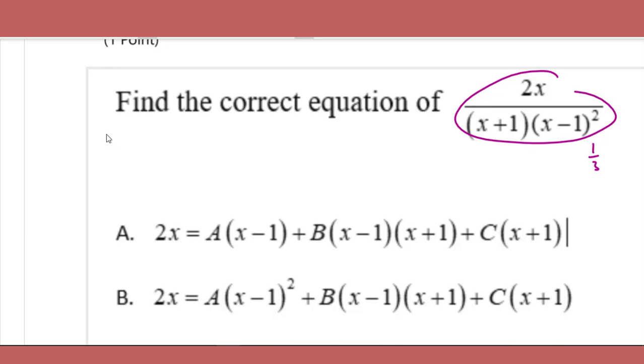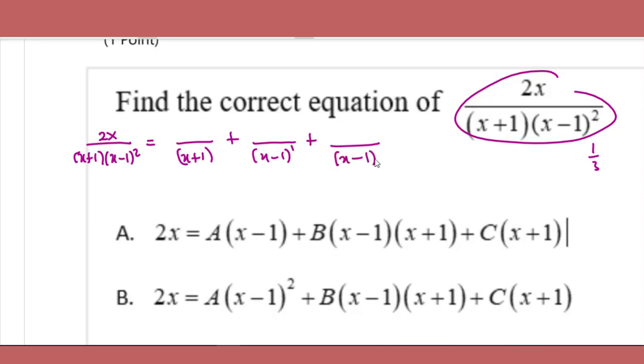Here is 2x over x plus 1, x minus 1 squared, which is equal to 3 small fractions: x plus 1, x minus 1 in the first bracket, and x minus 1 in the second. Here the denominator is linear, so up here is a constant, also a constant.